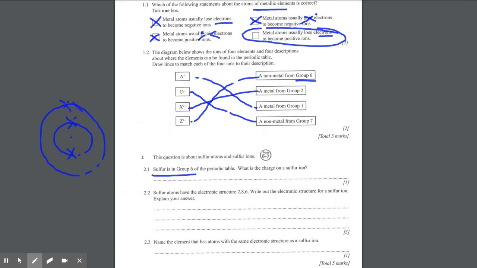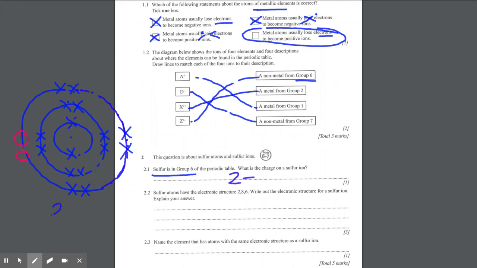So it has 3 shells with 2 electrons in the first shell and then 6 electrons in its outer shell. 1, 2, 3, 4, 5, 6. It's actually got space to accept 2 more electrons over here. And so the charge on that, when it does so, will have gained those 2 electrons. It'll gain the 2 negative charges of the 2 electrons, so it'll have a 2 minus charge.